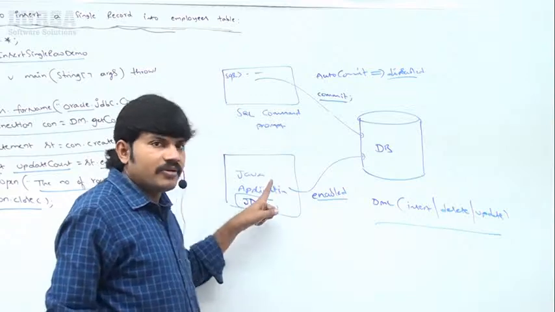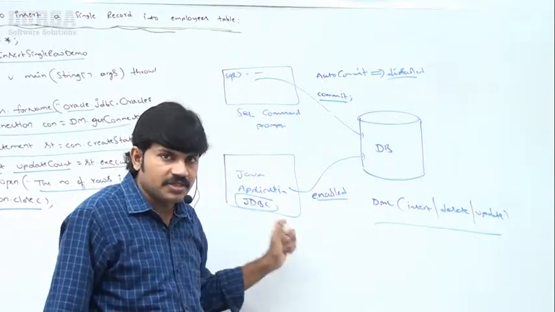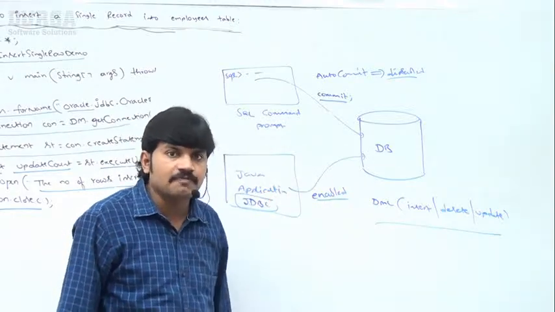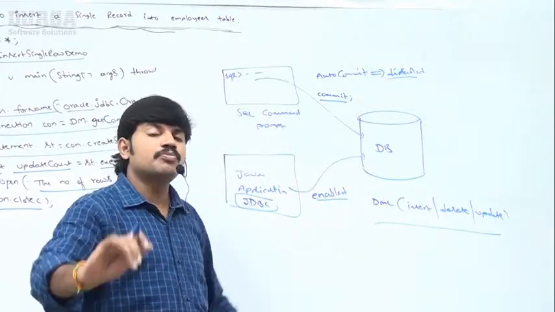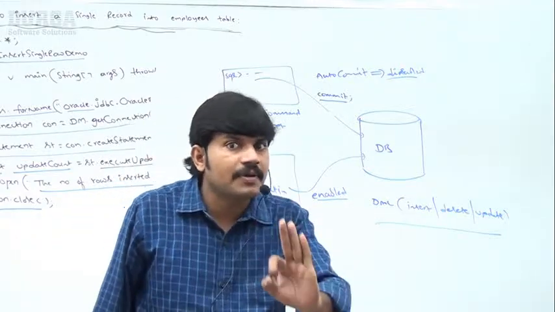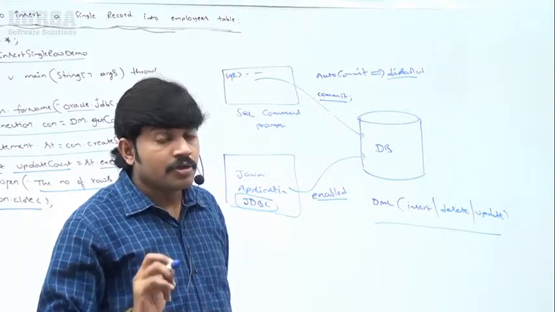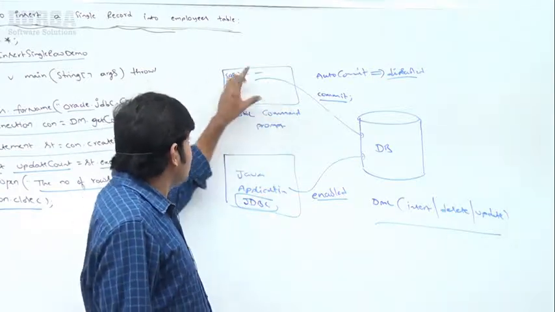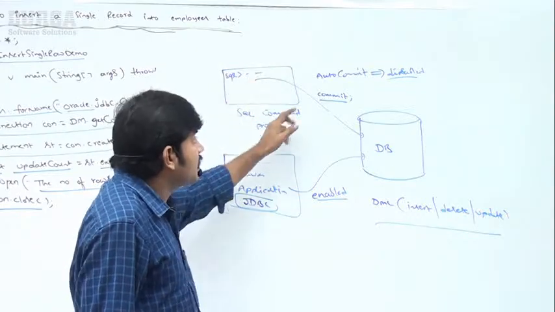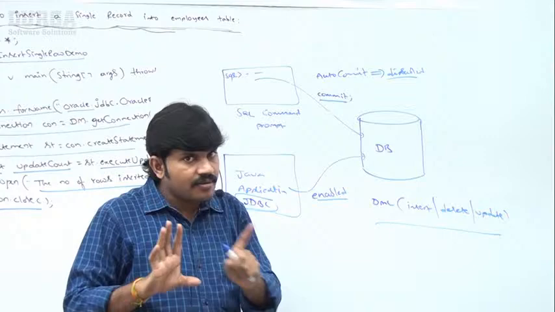Observe that. So in a database connection by using JDBC, if you perform any updations from a Java application, auto commit is by default enabled. That's why we are not required to use commit explicitly. Very, very important. But if you perform the same operation from the SQL command prompt, compulsorily we should use commit. Otherwise, the changes are not permanent.